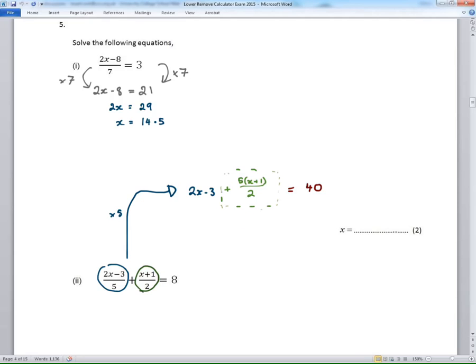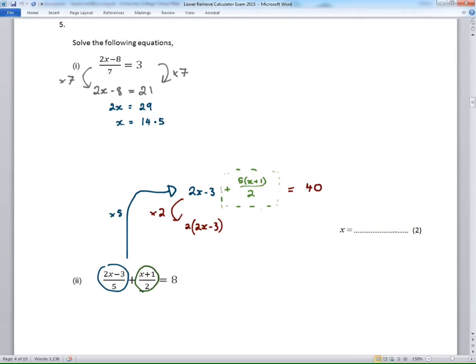Okay, so now we still have 3 terms, but now only one of them is a fraction. So we're going to get rid of the fraction part of that middle term. To do that, we're going to undo the dividing by 2 by multiplying by 2. Since we multiply that by 2, we have to multiply the whole equation by 2. Multiplying the first term by 2, we can write this as 2 brackets 2x minus 3.